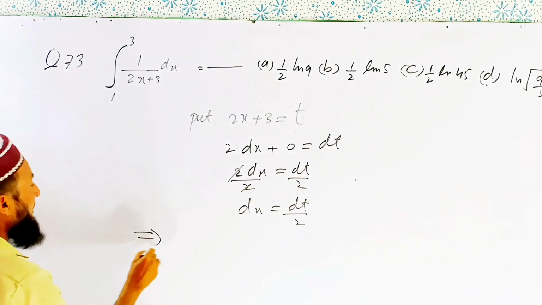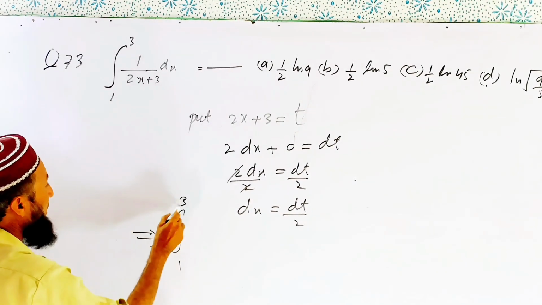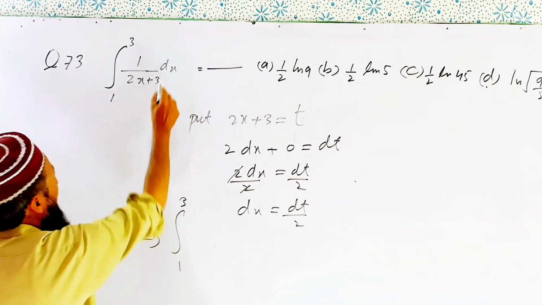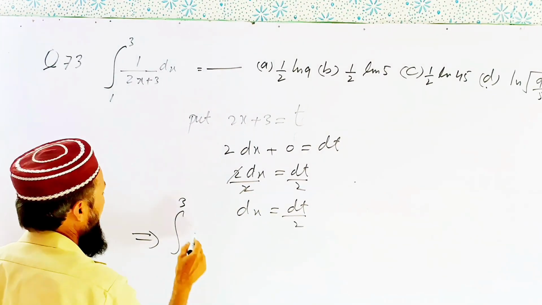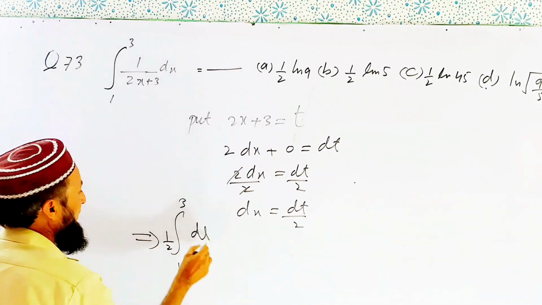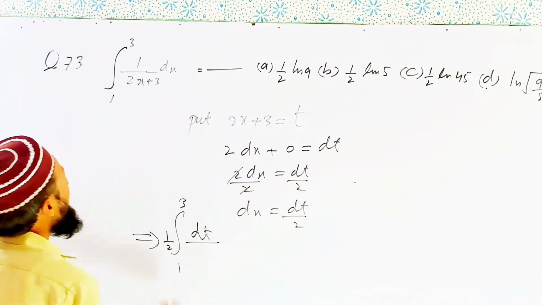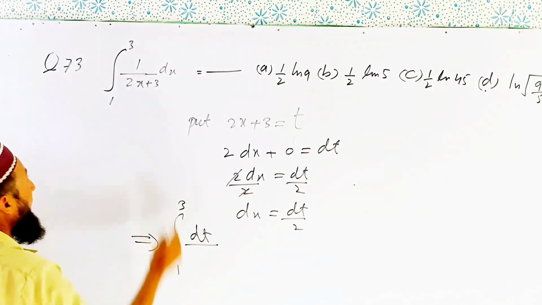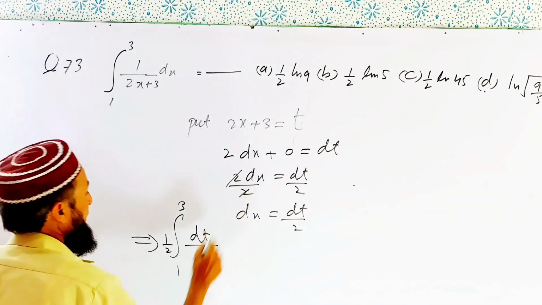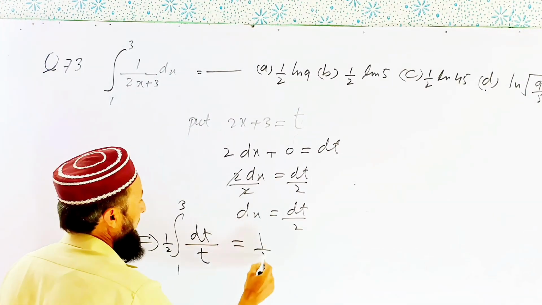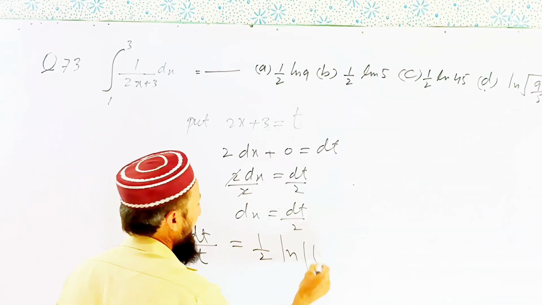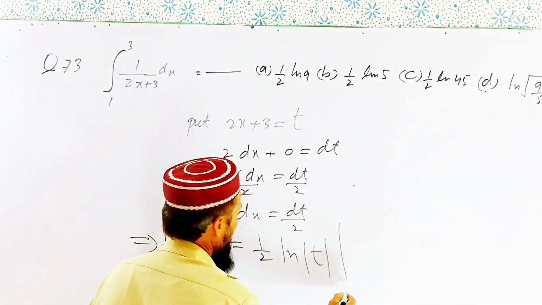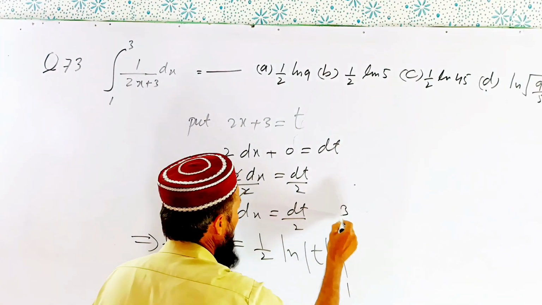In the integral from 1 to 3 of 1 over (2x plus 3) dx, we put dt by 2 in place of dx, with 1 over 2 outside the integration, and we get 1 over 2 log of t with the lower and upper limits.